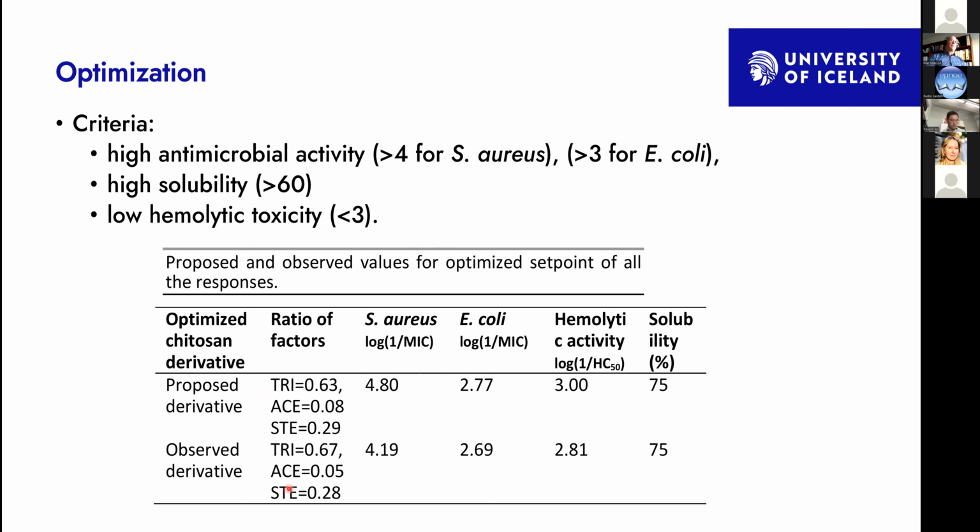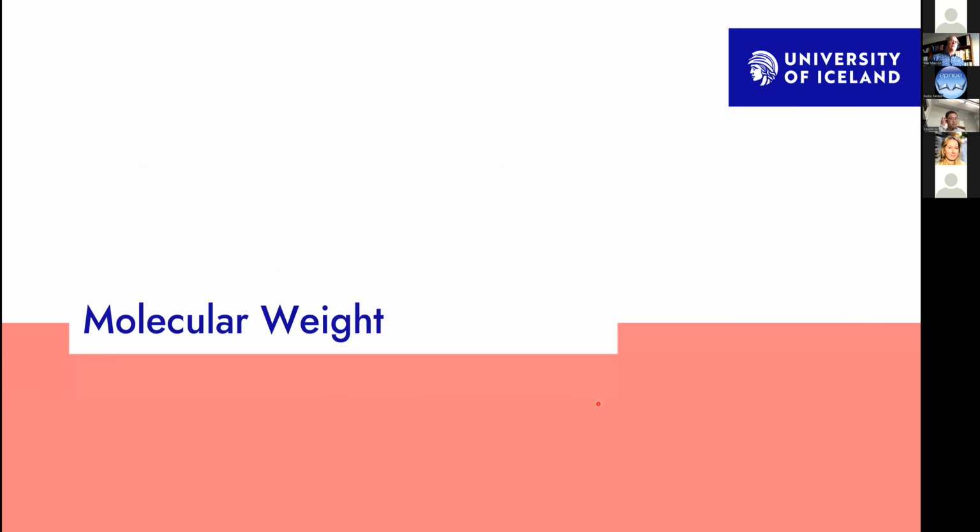And if we take the derivative that is closest to this, then we see that the observed values are actually quite close to what is predicted from the model. But we did some statistical tests, I didn't go into it, that were used to validate this model of the activity.